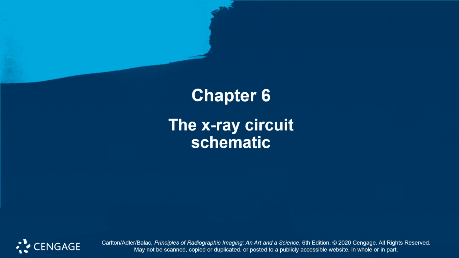Jumping ahead to chapter 6. Chapter 5 is about the X-ray tube itself, but I don't think, just another critique of the authors here, Carlton Adler Balak, you don't teach them electrodynamics, and it's just the order of the topics, really.